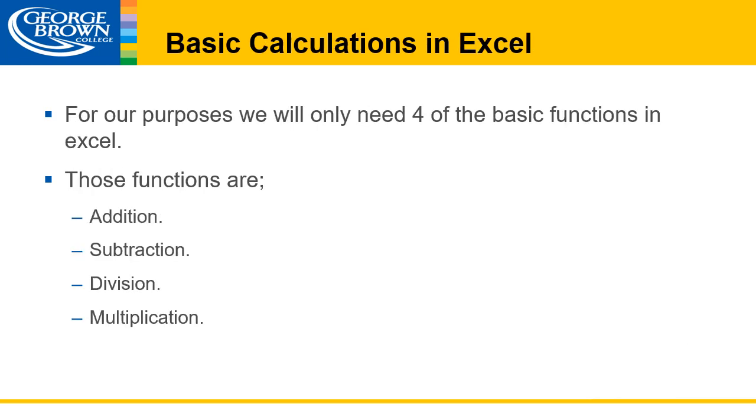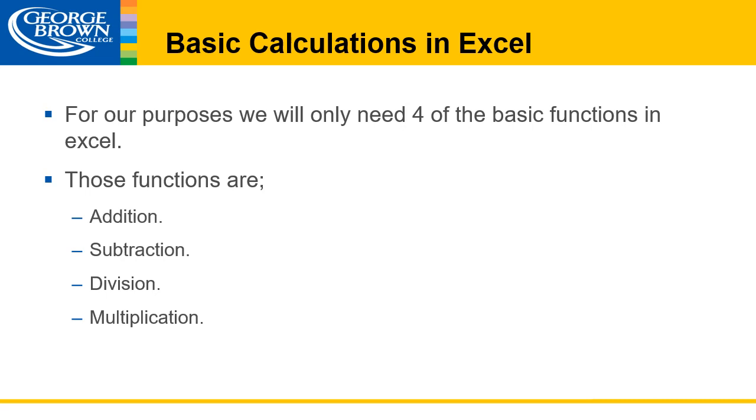So as I had alluded to before, here are some of the basic calculations you can perform in Excel. For example, you can add multiple cells together for addition. You can subtract the value in one cell from the value in another using subtraction. You can divide and you can also multiply.